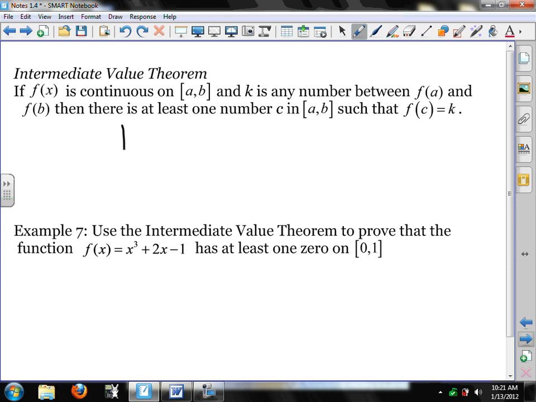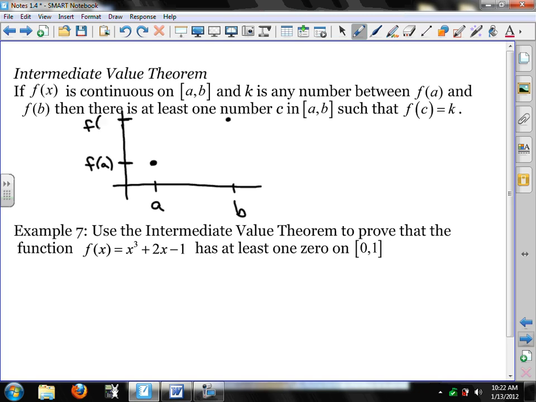So let's take a look at what this is talking about. First of all, we have a function on the interval from a to b. So let's draw an interval a to b. It says k is any number between f of a and f of b. f of a and f of b are going to be the y values at x equals a and x equals b. So if I have a point right here, this point here would be f of a, and b is up here.